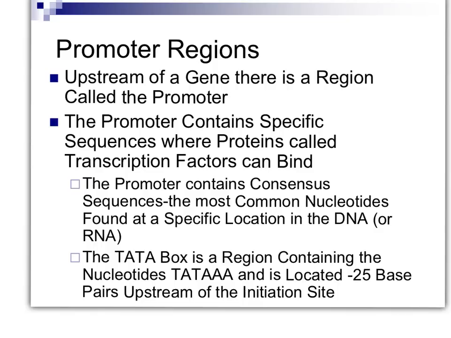One of those is known as a TATA box. It is named for the fact that it contains specific nucleotides, here again TATA, and it is located roughly 25 base pairs upstream of the initiation site.